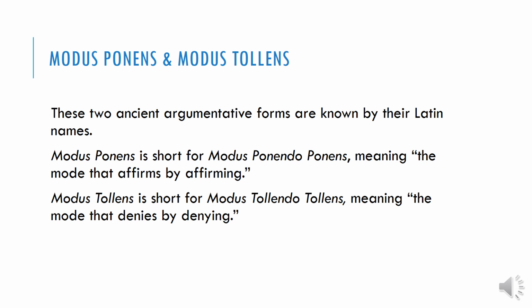This is referred to as a modus ponens argument, affirming by affirming the antecedent. If we were to suggest if P then Q, but then not Q, we can therefore conclude that not P. Here we're saying that not Q means that P can't be true as well. This is a modus tollens argument, so we're denying by denying the consequent.